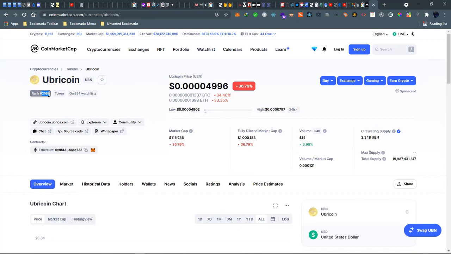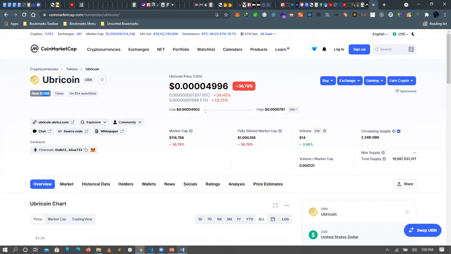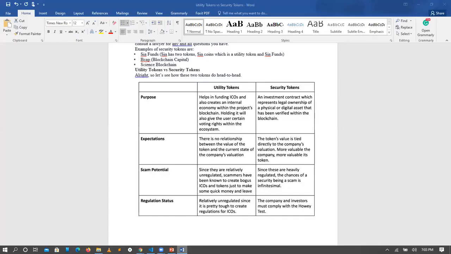They don't have a relationship with the company. So the token's value is tied directly to the company. The company must have value. The more valuable the company, the more valuable its token will be. So that's how security tokens are like.